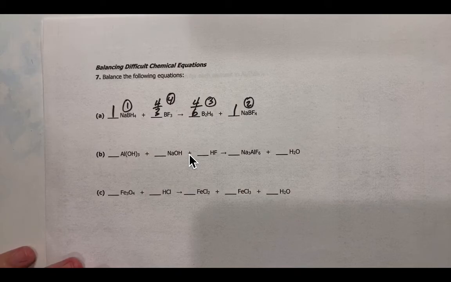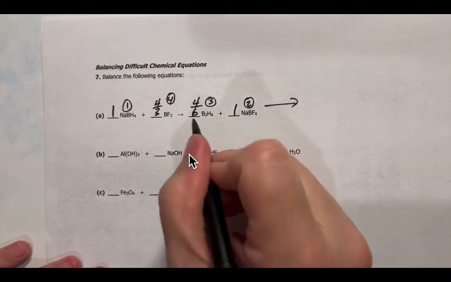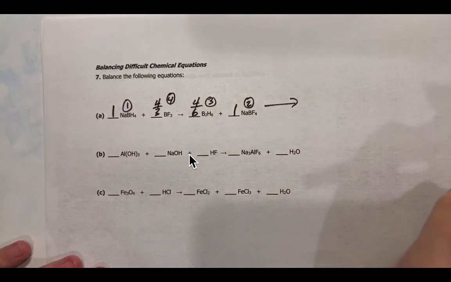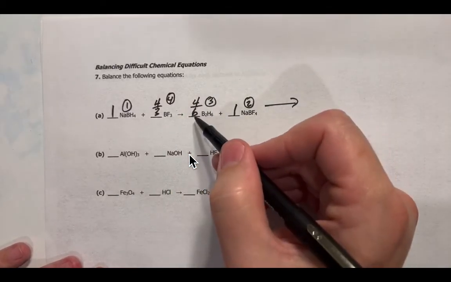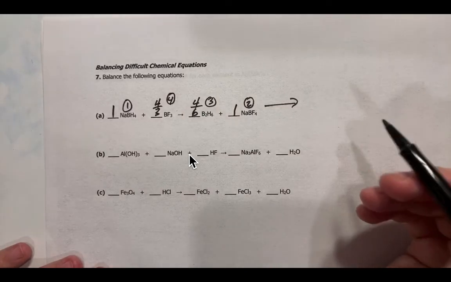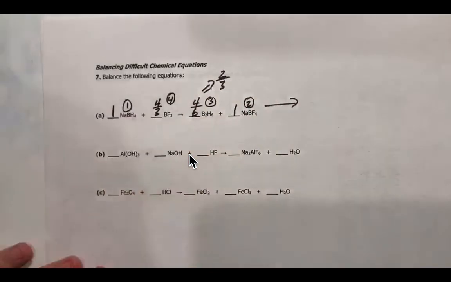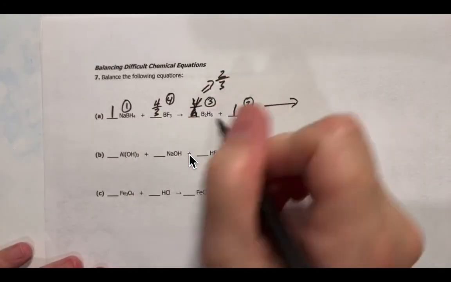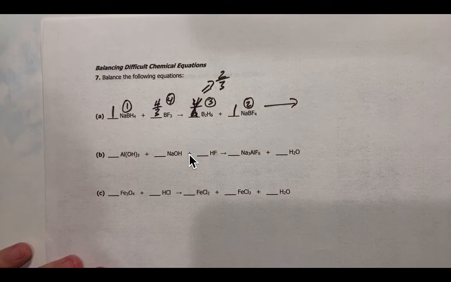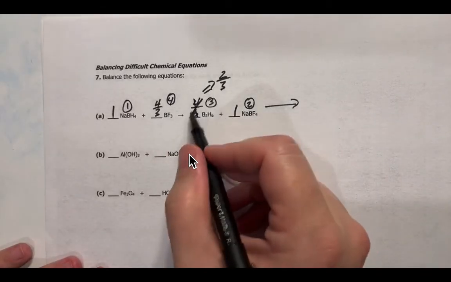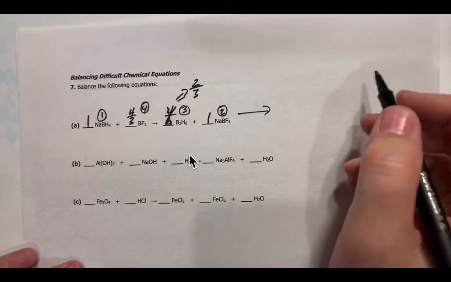Now we will want to go about clearing the fractions that we have in there. And so 4 over 6 will simplify to 2 over 3. Okay, and 12 divided by 3 is still 4, so I'm going to write that as a little bit simpler fraction.